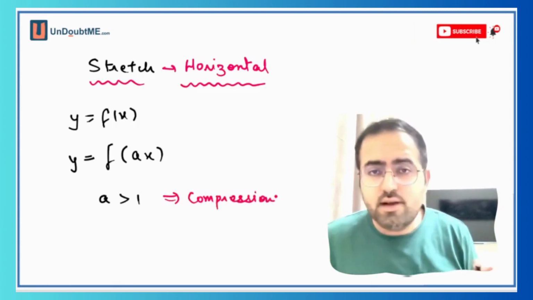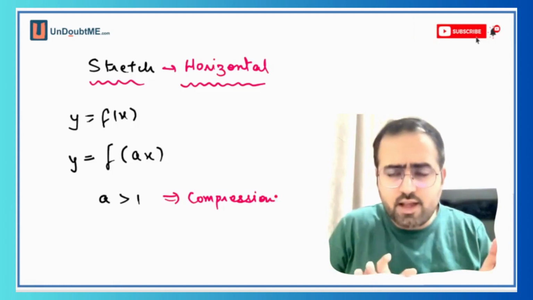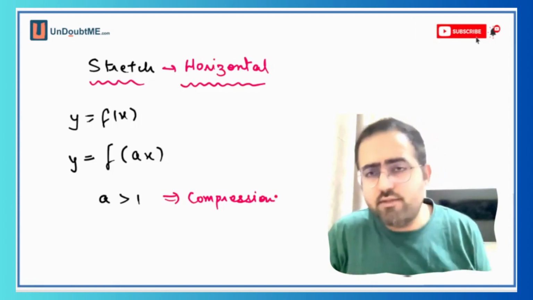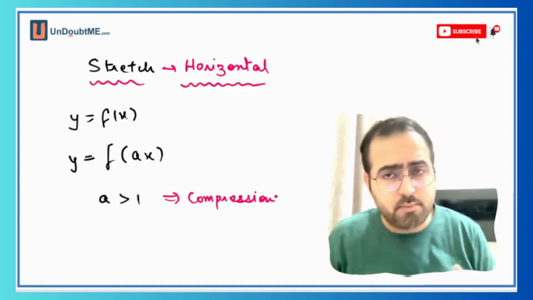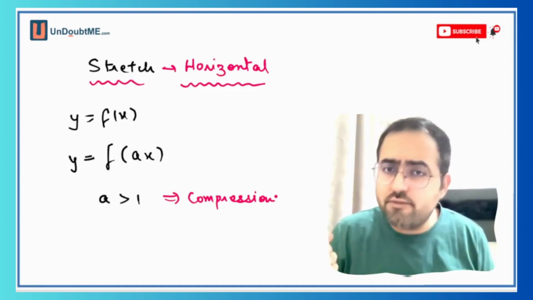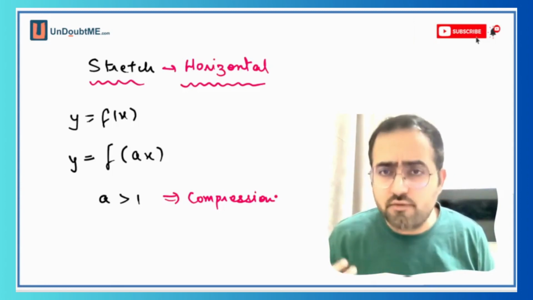To understand this better, you can take any example. You can take y is equal to sin x, put it in the graphing calculator, and then make a graph of y is equal to sin 2x. You will understand that values of a greater than 1 create compression. It will be compressed by a factor of a. Let's say y is equal to sin of 2x, it will be compressed by a factor of 2.